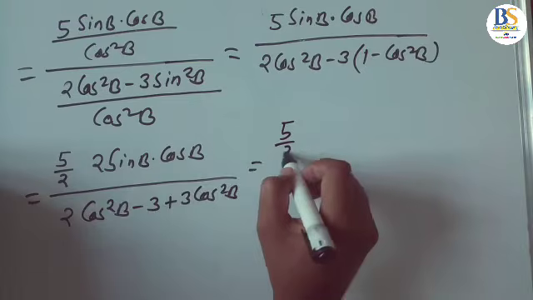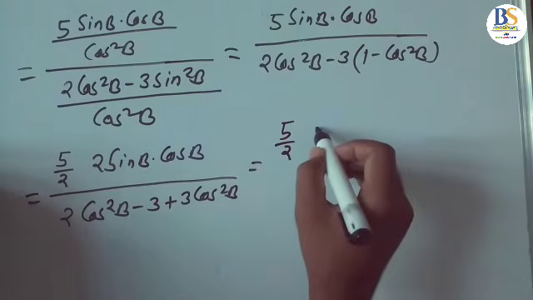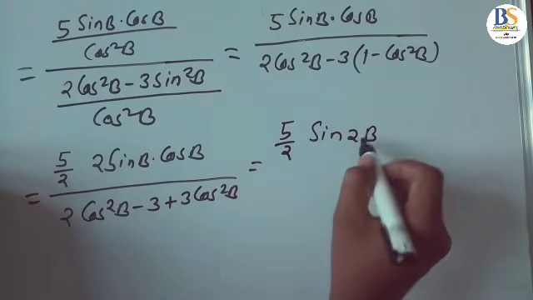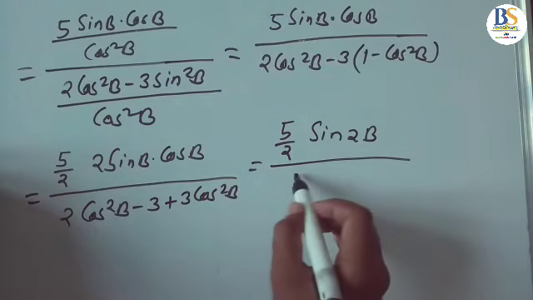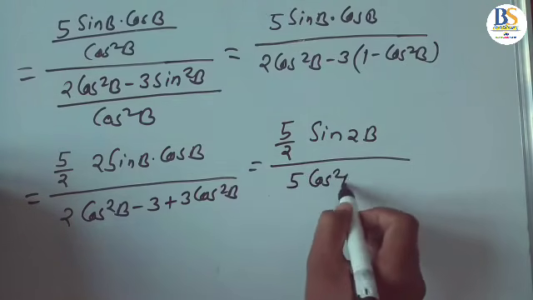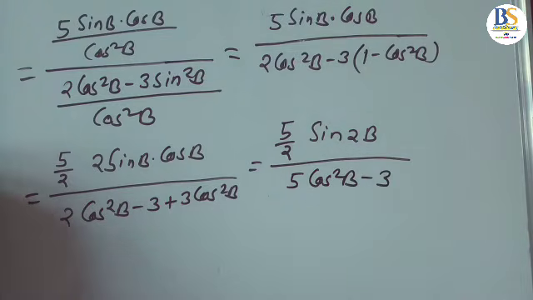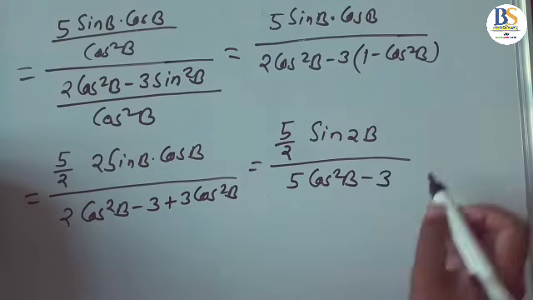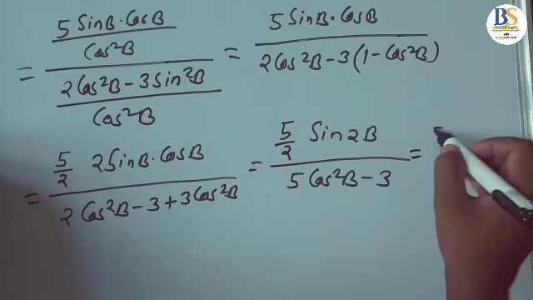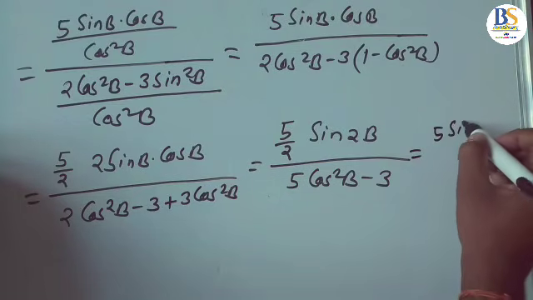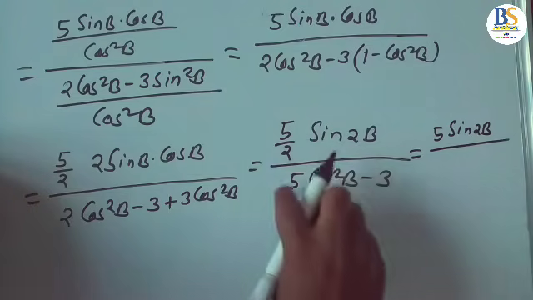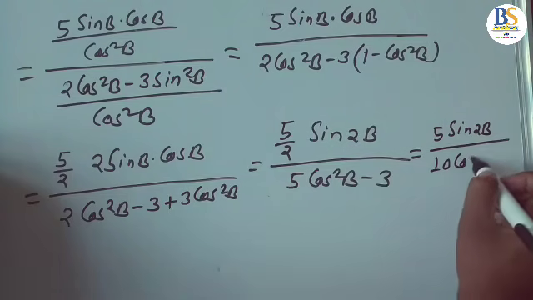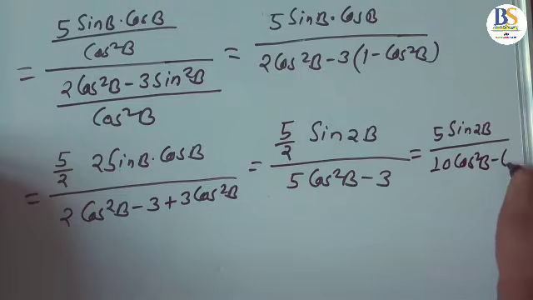There is 5 upon 2, 2 sin b cos b is sin 2b upon 2 cos square b plus 3 cos square b is 5 cos square b minus 3. Then by reciprocal, we can write 5 sin 2b upon 10 cos square b minus 6.